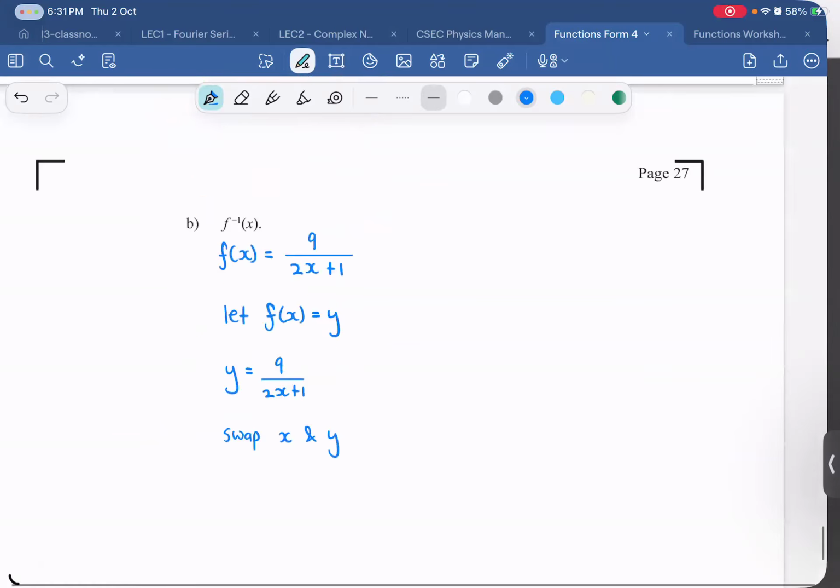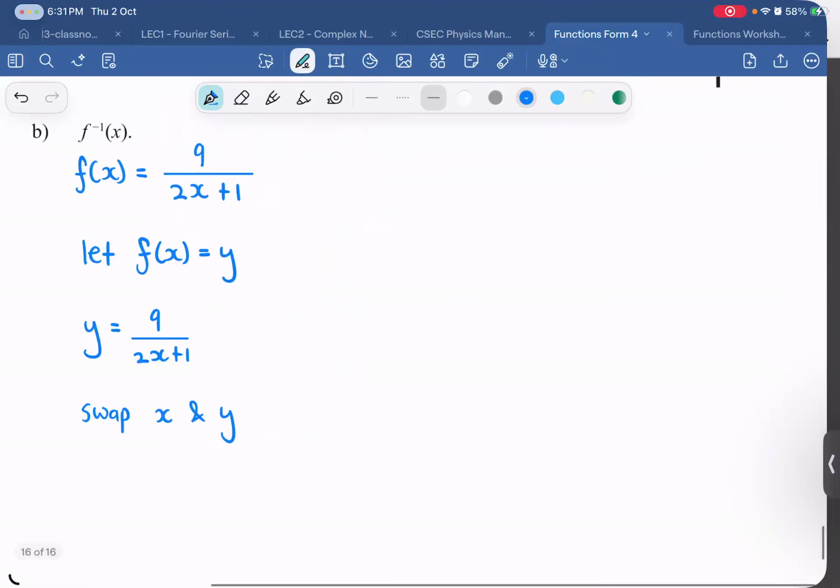So anywhere you see, let me just zoom out so everybody can see the whole procedure. So anywhere you see y, we're gonna write x instead of y. To swap something means to change it, right? So I'm gonna write x instead of y. I'm gonna write back 9.